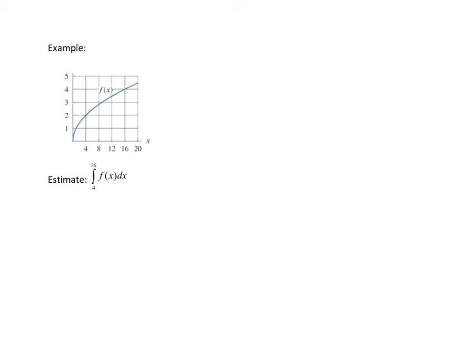Let's look at how we could do that graphically. What I would do here graphically, and I want to do the area from 4 to 16. Okay, so I know my A value is 4, my B value is 16. And if I look at my subdivisions here, they're 4 wide, so I'm going to say, okay, my delta x is 4 wide.